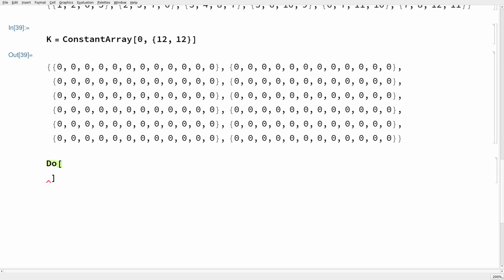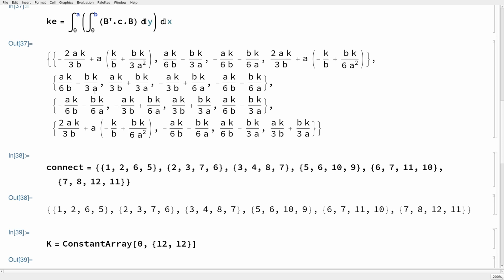I goes from 1 to 12, and K connect I, connect I, what do I call that up there?